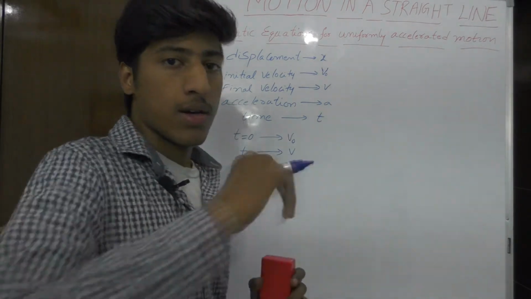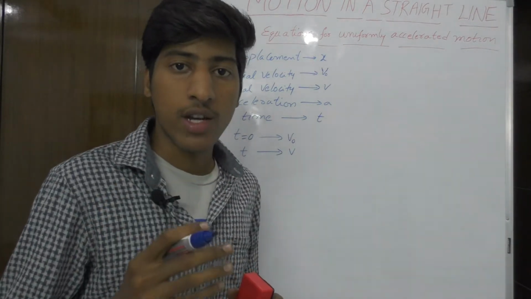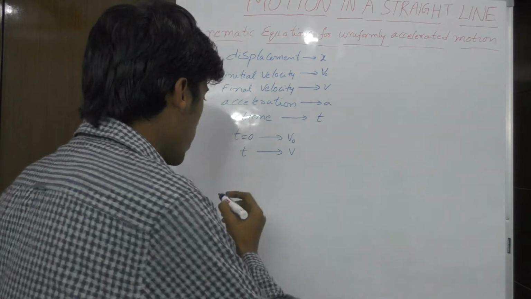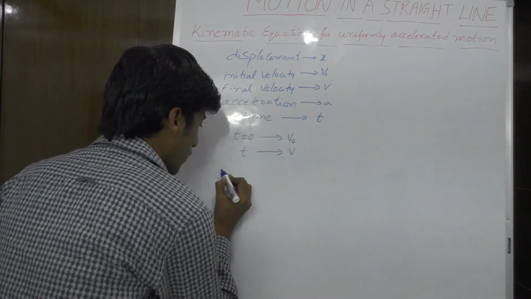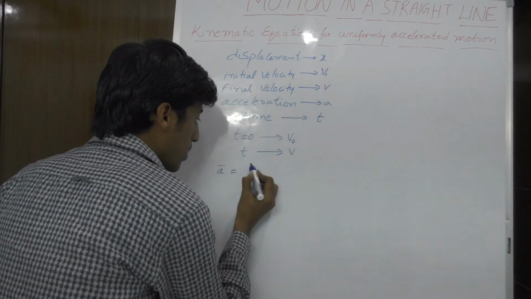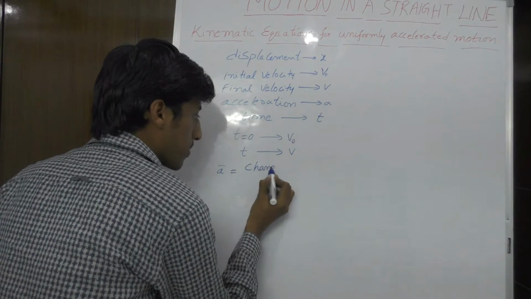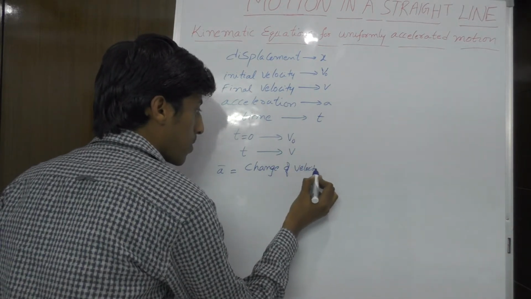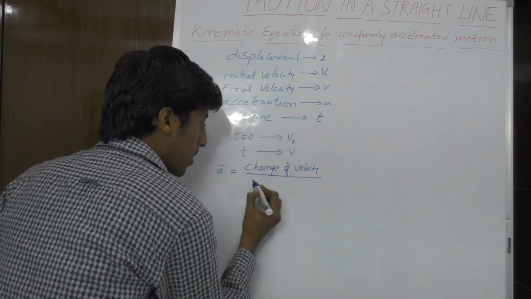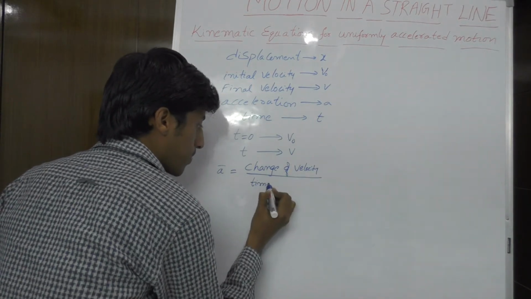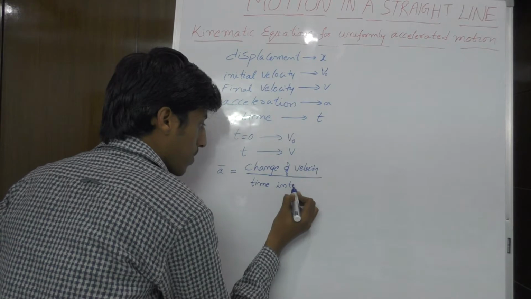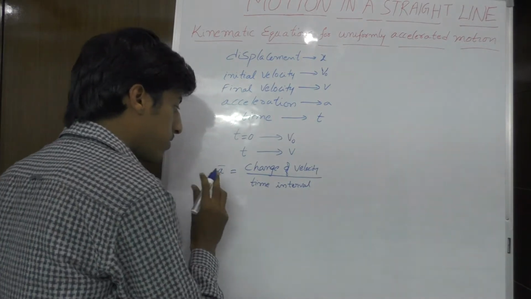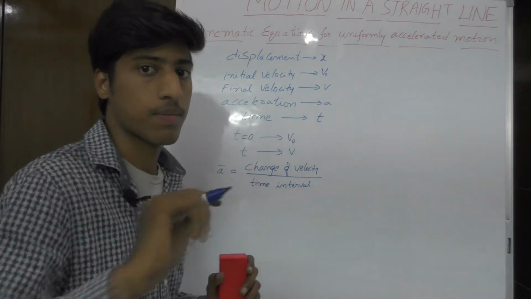Now, coming to the definition of average acceleration, it is equal to change of velocity divided by time interval. This is the definition of average acceleration.